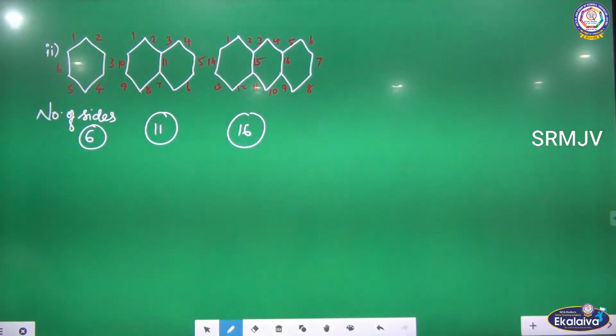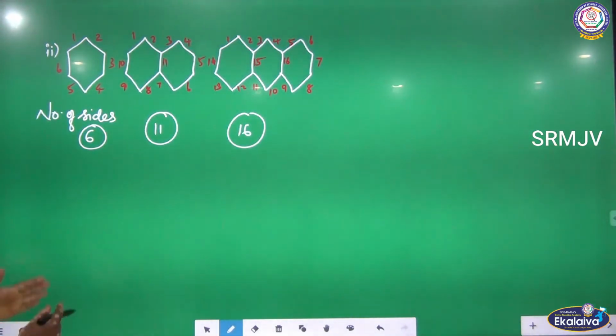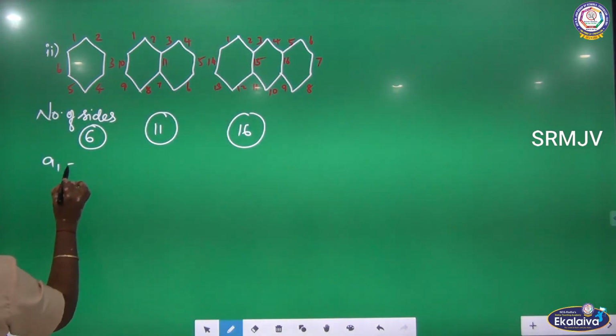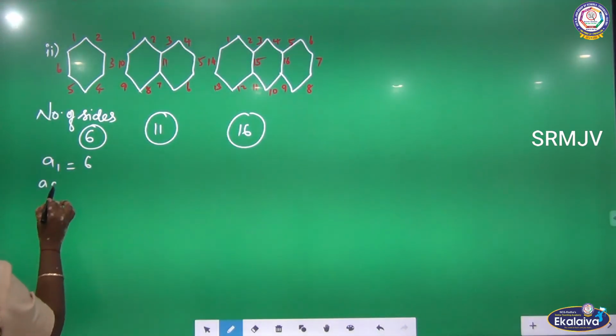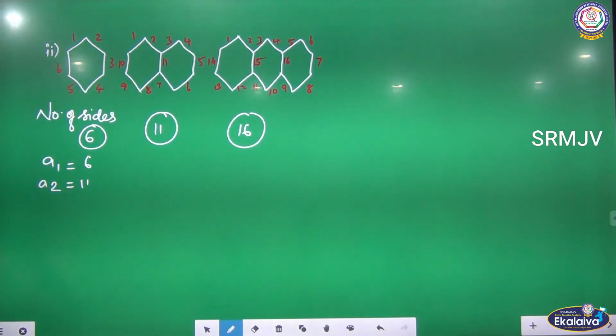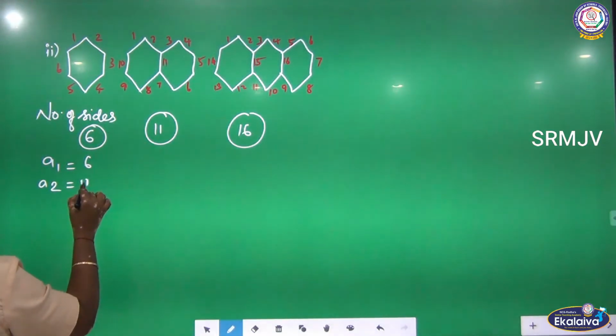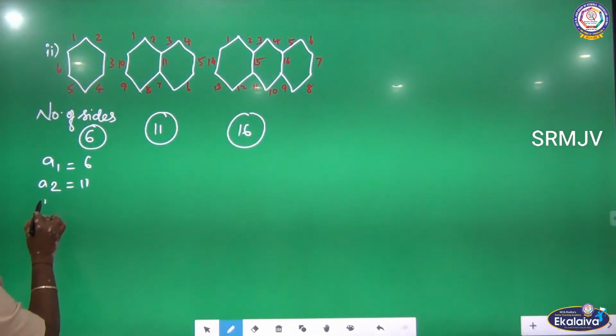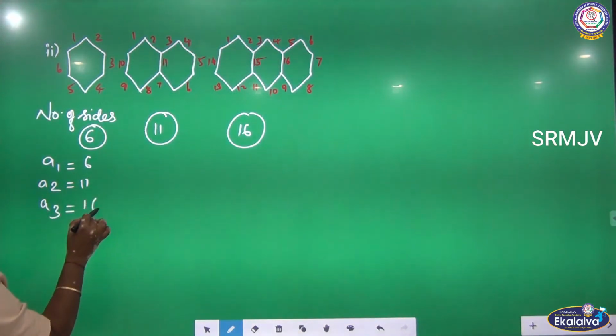From the figure I can find the first term, the number of sides, 6, the second term 11, and the third term 16. So I can write A1 is equal to 6, A2 is equal to 11, that is, my first term is 6 and my second term is 11, and my third term is 16.